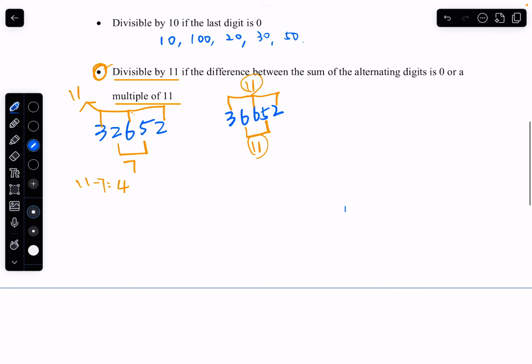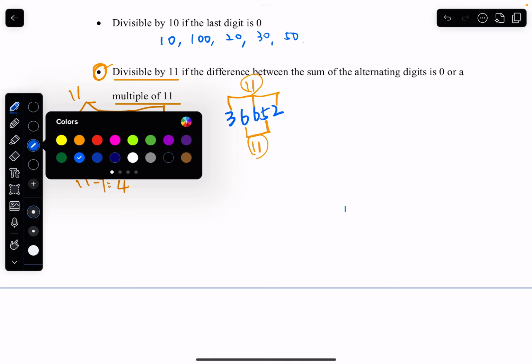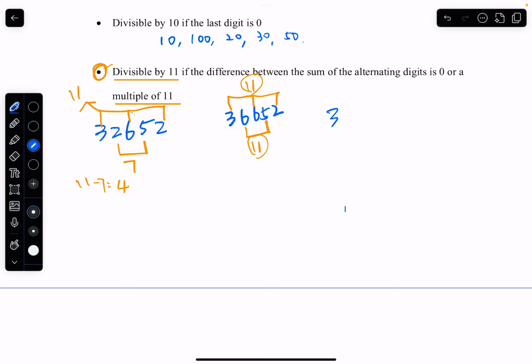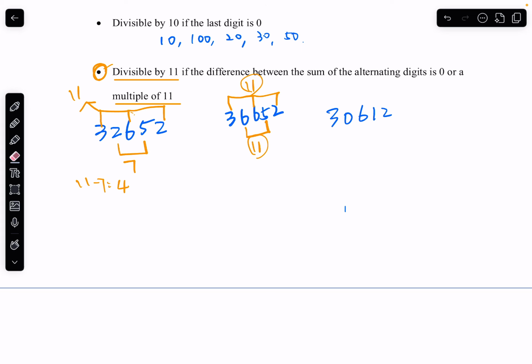We try one more example. For example, I can change the number to 3, 0, 6, 1, 3.